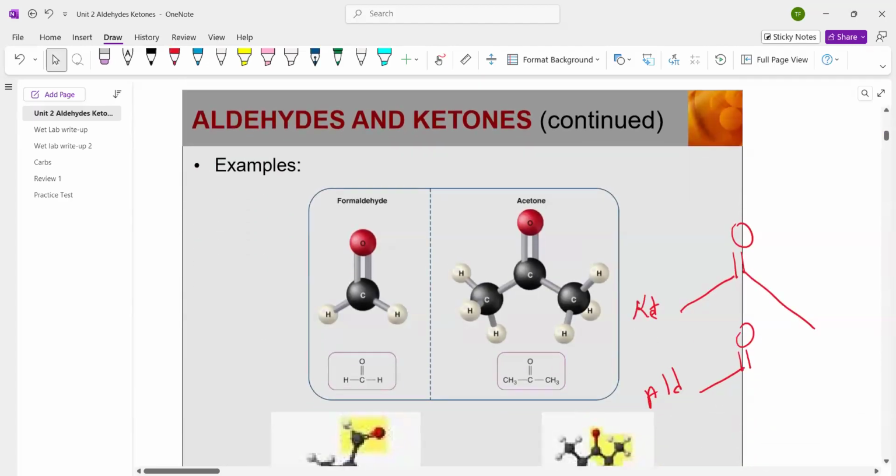The simplest aldehyde is formaldehyde, and we're going to see aldehydes are unstable, so they react very quickly, where ketones are more stable, and hence they don't react as easily. The simplest ketone is acetone or propanone.